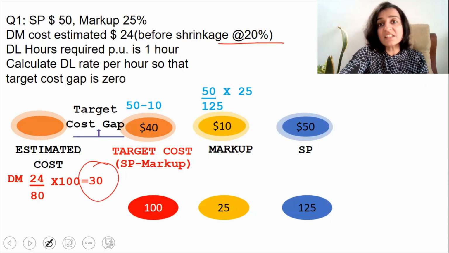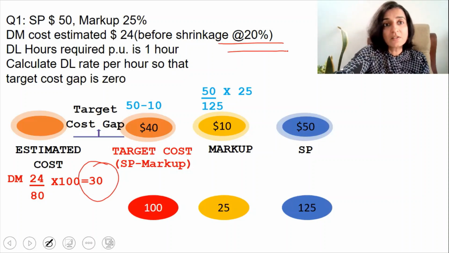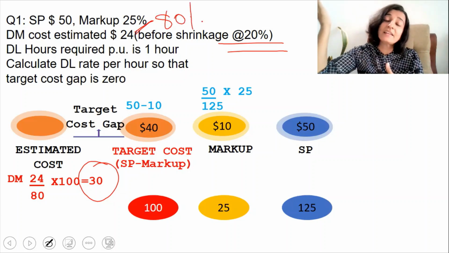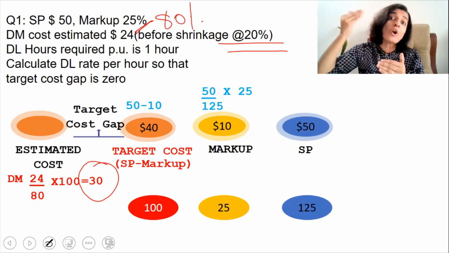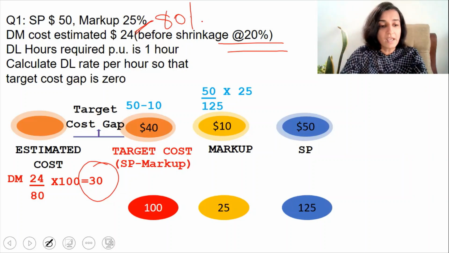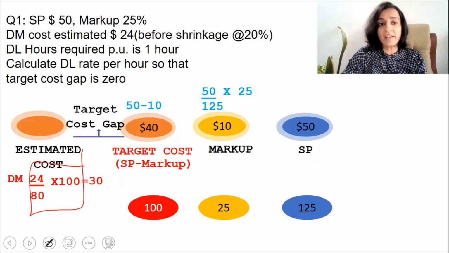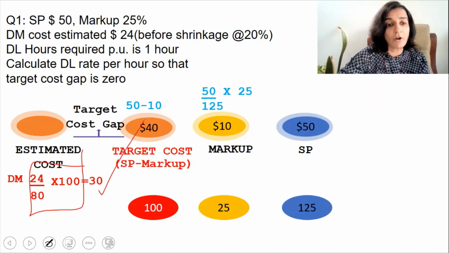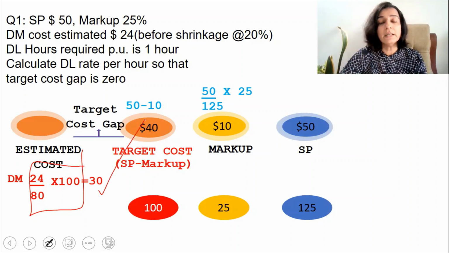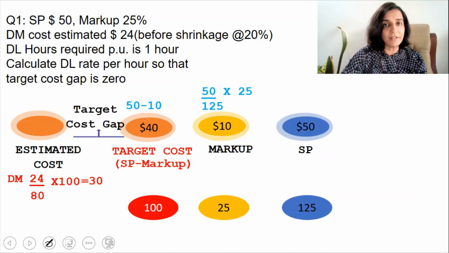So always when there is a shrinkage of 20%, we have to equate this to 80%. And then we have to calculate 100%. That is how much more quantity of the raw materials we should buy. So that's the calculation which has been done here. 24 divided by 80 into 100, or we have to buy raw materials worth $30. So that was the first element of cost.